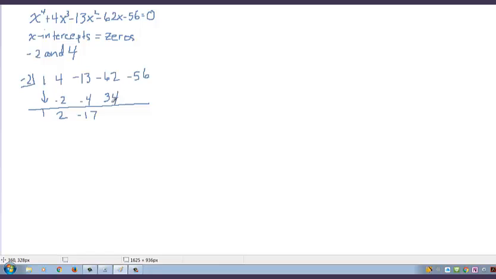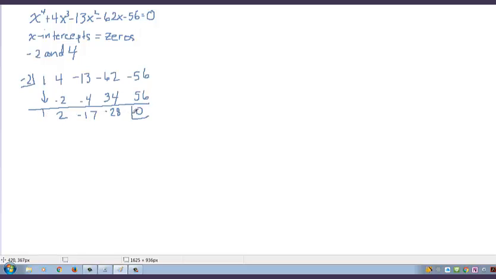I add that to -62 and I get -28. -2 times -28 is +56, where I get a 0. Remember, you should always get a 0 remainder if this is a 0. It's always going to work out that way. So an x-intercept gives you a 0 remainder, hence it's called a 0.